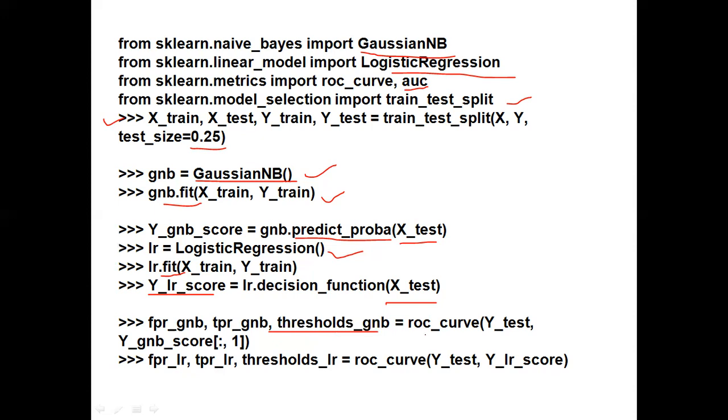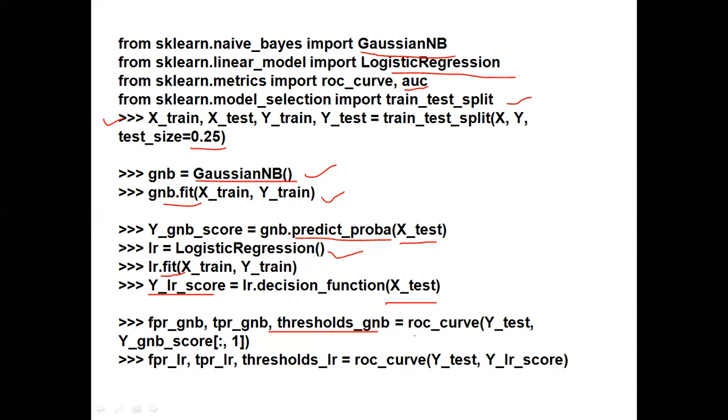So you know the syntax for the ROC curve, where roc_curve is the inbuilt method, and we need to pass the actual y and predicted y, like your other accuracy metrics. So y_test is my actual y and y_gnb_score is the predicted y.